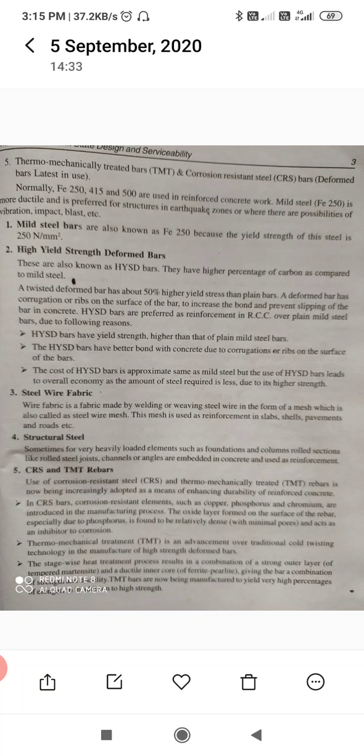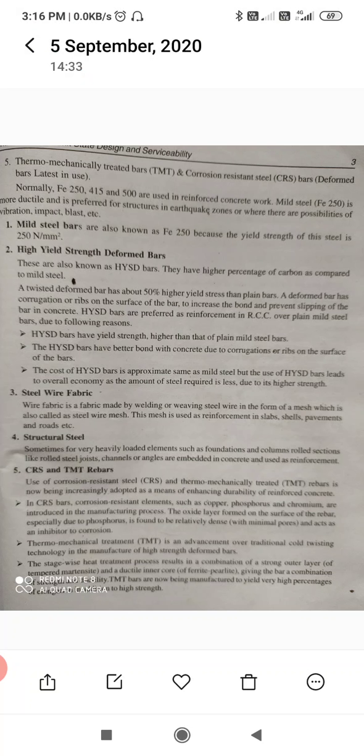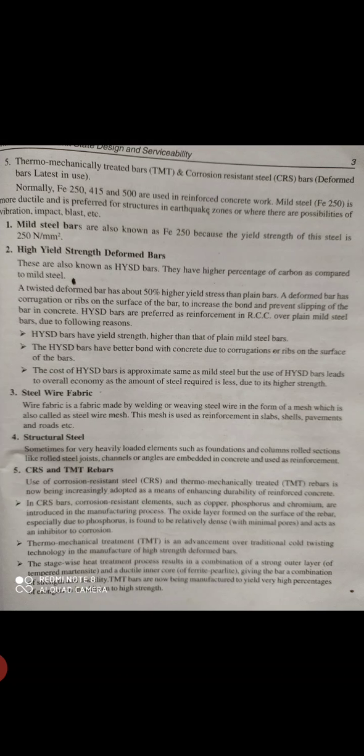Use of corrosion resistant steel CRS and thermomechanically treated TMT bars is now being increasingly adopted as a means of increasing the durability of reinforced concrete. In CRS bars, corrosion resistant elements such as copper, phosphorus and chromium are introduced in the manufacturing process.